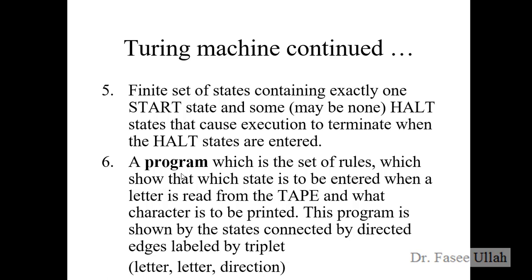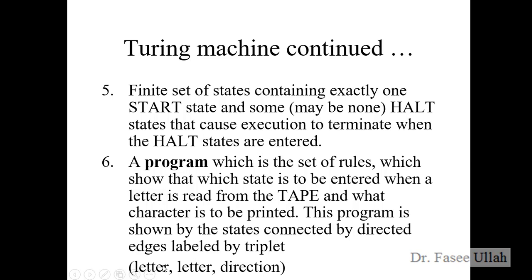So let's read from point number 6: a program, which is the set of rules which show which state is to be entered when a letter is read from the tape. That means we start from the initial state and read the further state, and what could be the input from that particular state, and what could be printed, and what character is to be printed. This program is shown by the states connected by the directed arrows. It is labeled by the triplet. Triplet means we have three pieces of information in that one case: letter, letter, direction.